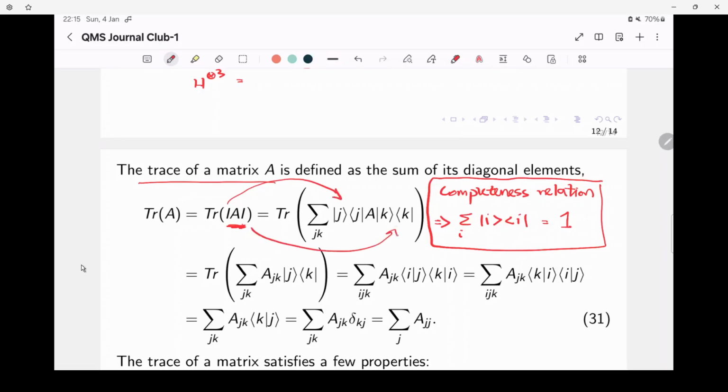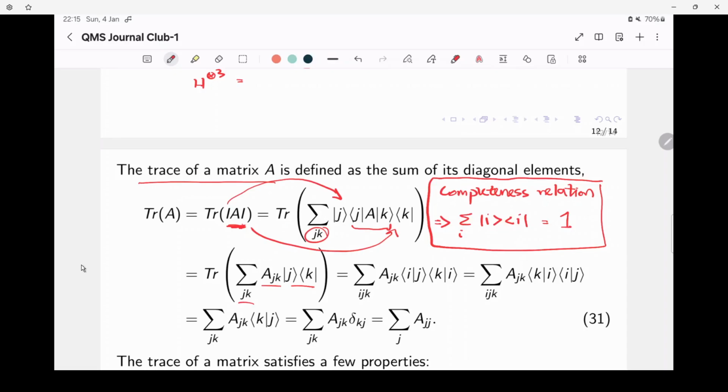This is the second one. That's why your summation is over j and k. So then you have the summation of all j's and then the summation of all k's. In between, you see this kind of thing. That means your matrix element is written as A_jk, and that is your outer product for the matrix elements. And this is a summation.